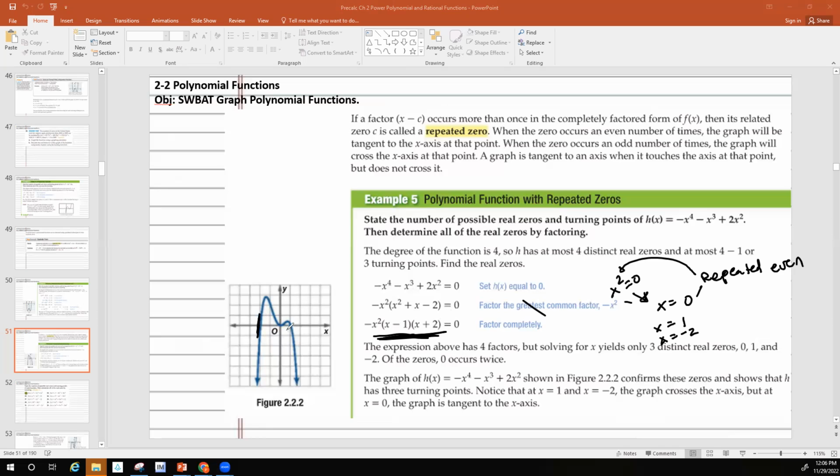So it crosses at -2, it crosses at 1, but the 0, because it's a repeated 0, an even number, 2, an even exponent, means it doesn't cross, it just touches and then goes back. And this is going to help us get a basic idea of what polynomial function graphs look like. So we'll look at this later.